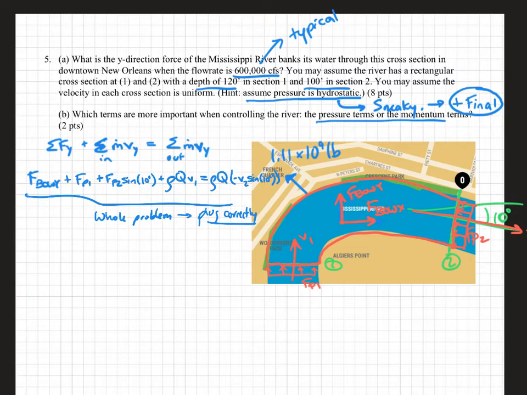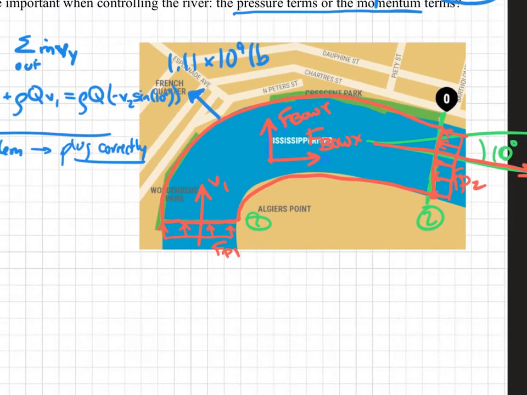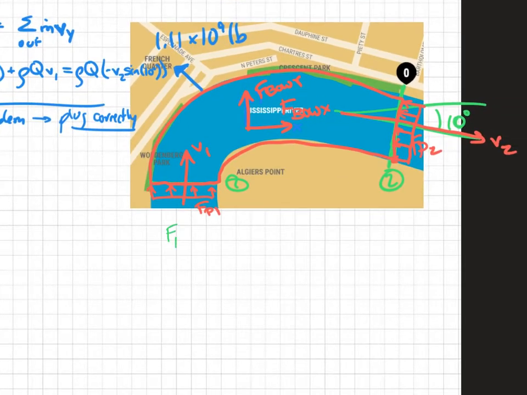So we're going to look at the things that we don't know. First, let's look at these pressures. I'm going to do FP1. Normally the way we've been doing this, we just take the pressure and multiply times the area. And I said it's hydrostatic. That means the pressure at the surface is 0, but the pressure at the depth is not 0. So if I were to draw this face, let's suppose it's rectangular like this.